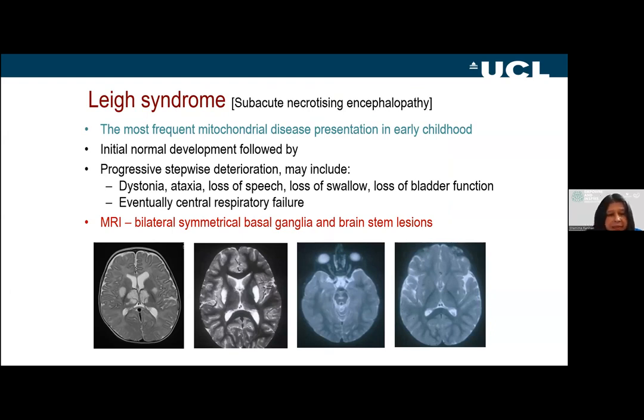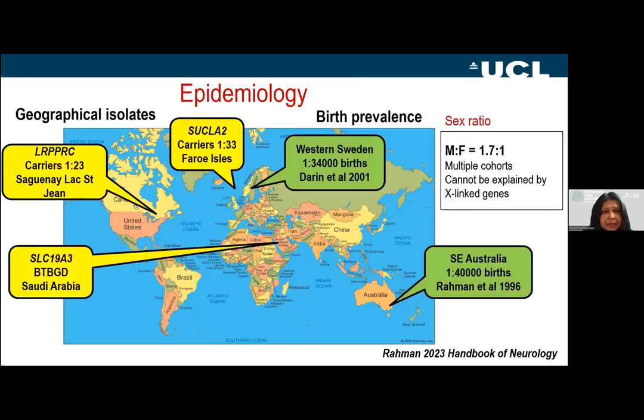And these are some MRI scans where there are bilateral, symmetrical, hyperintense lesions in the basal ganglia and in the brainstem and other parts of the brain, which can help to make a diagnosis in life. So we weren't needing to wait until after death to know that it had been Leigh syndrome. And that was really important in terms of trying to develop treatments, obviously.